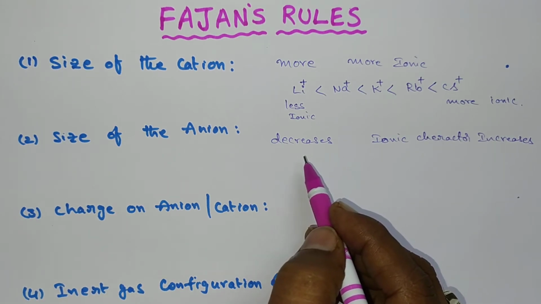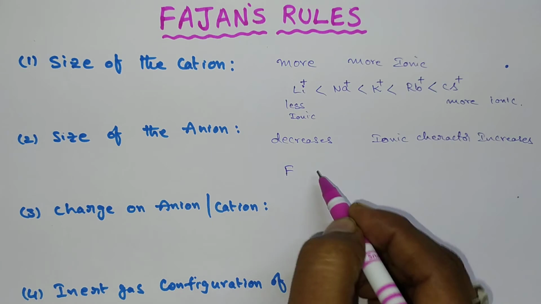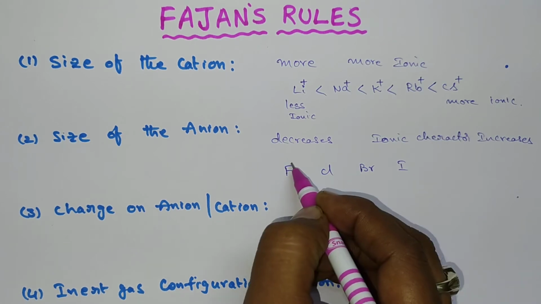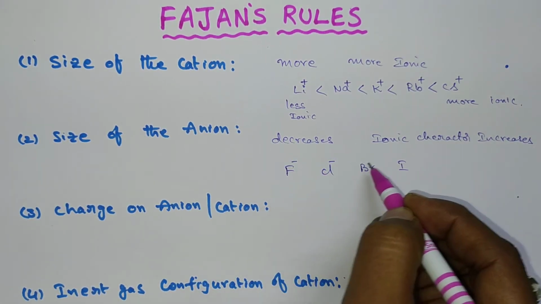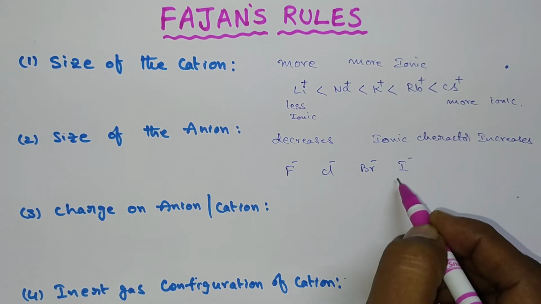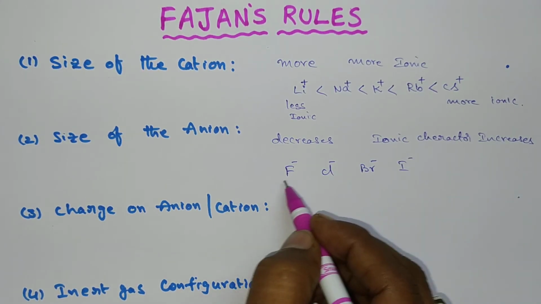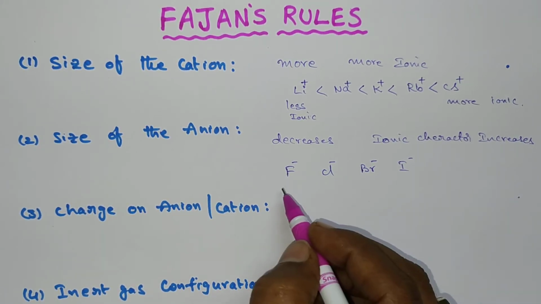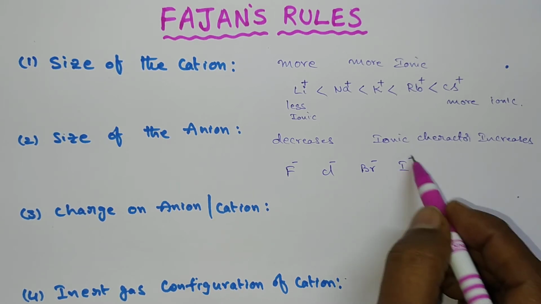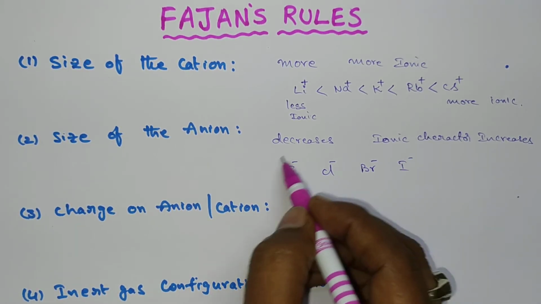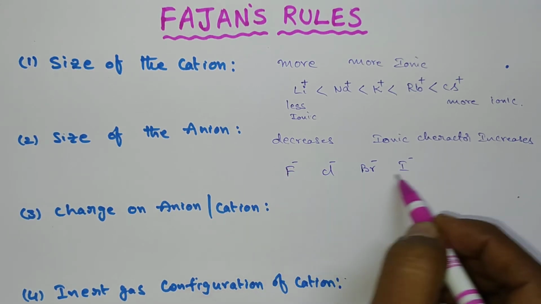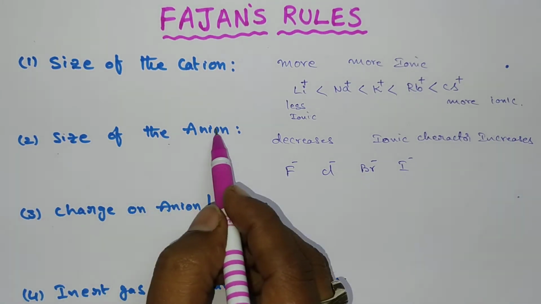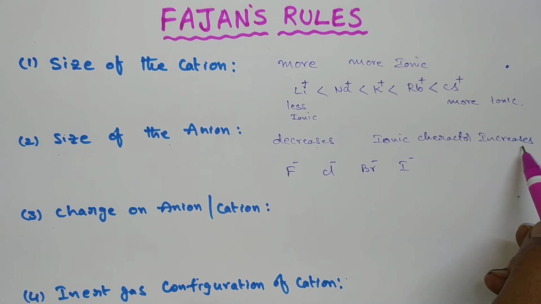Suppose you consider the halogen atoms, that is fluorine, chlorine, bromine and iodine. All these exhibit -1 oxidation state: F minus ion, Cl minus, Br minus and I minus ions. These belong to the halogen family. In this group also, from top to bottom, the atomic radius goes on increasing. The size of the iodide anion is more and the size of the fluoride anion is less. As the size goes on increasing, the ionic character decreases, or as the size of the anion decreases, the ionic character increases.